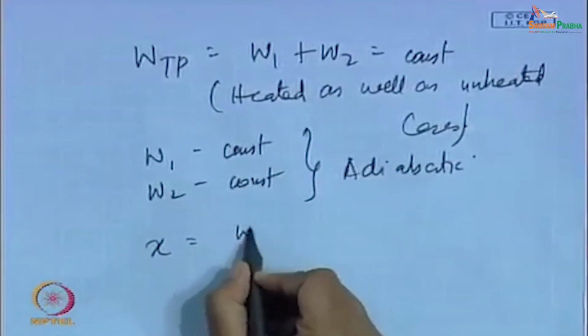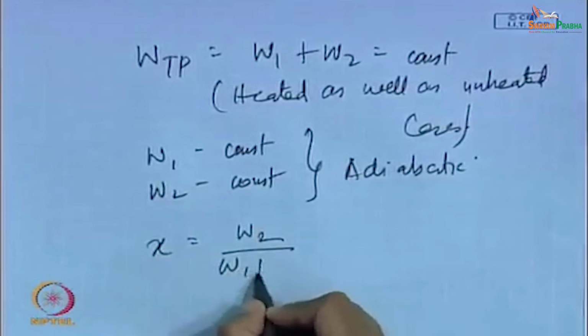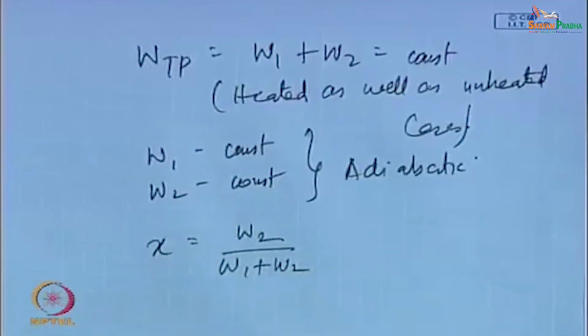Okay. So, we defined x in the last class. This was nothing but equal to W2 by W1 plus W2. But remember one thing, alpha is not a measurable quantity, but x is definitely a measurable quantity. It can be measured from heat transfer or heat balance equations or enthalpy balance equations.